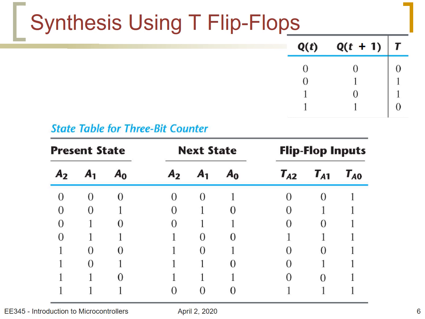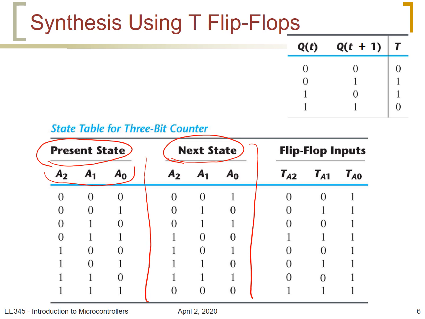Now the state table again is so straightforward, because we write the present state on the left hand side, next state on the right hand side. Present state is A2, A1, A0, same thing for A2, A1, A0 at time t plus 1, and we say for present state 0, 0, 0, next state will be 0, 0, 1.